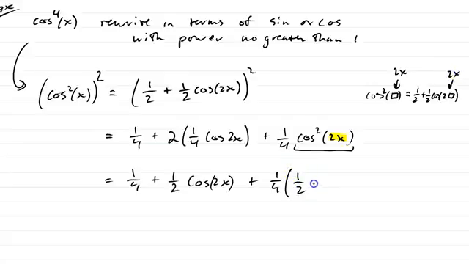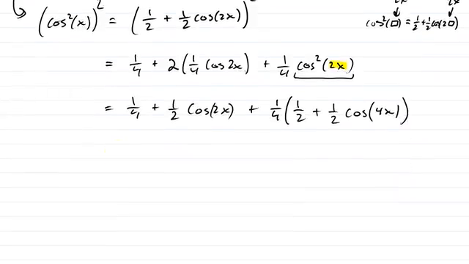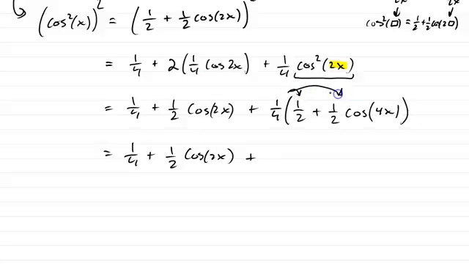So let me write 1/2 plus 1/2 cosine of, and 2 times 2x is 4x. Okay, I've got to clean this up a little bit yet. So it's going to be 1/4 plus 1/2 cosine of 2x plus, and then I have to distribute this, so this will be 1/8 plus 1/8 cosine of 4x.